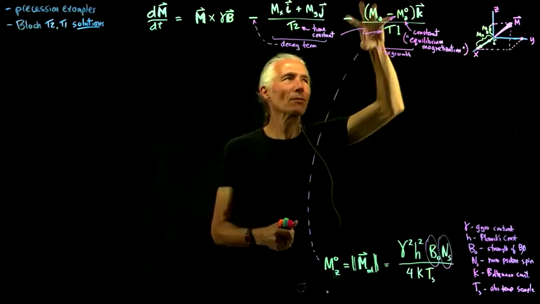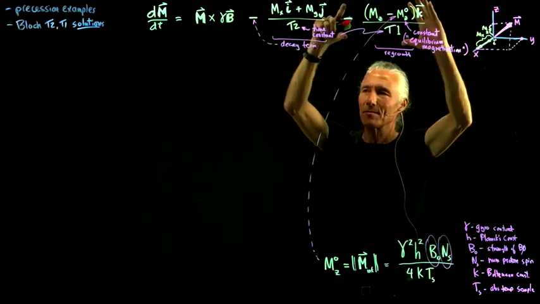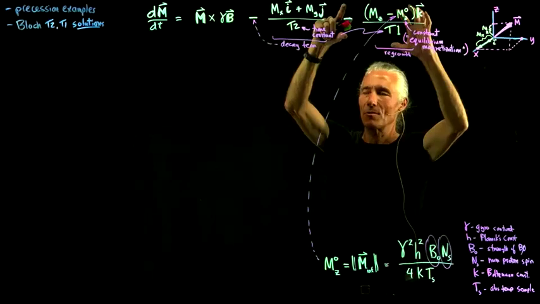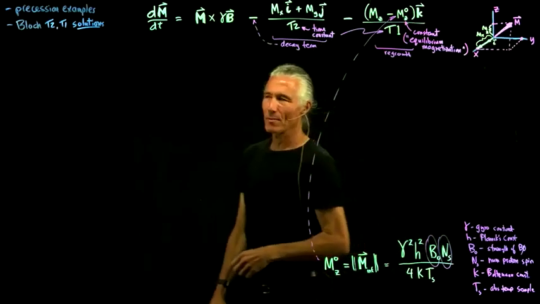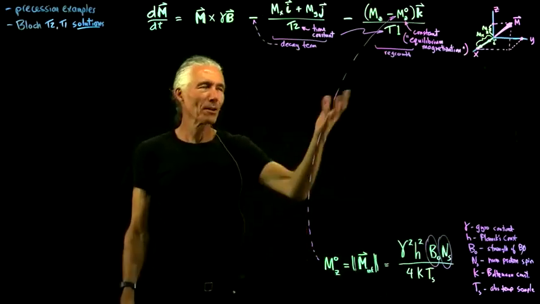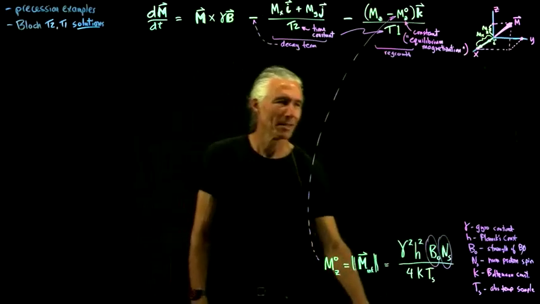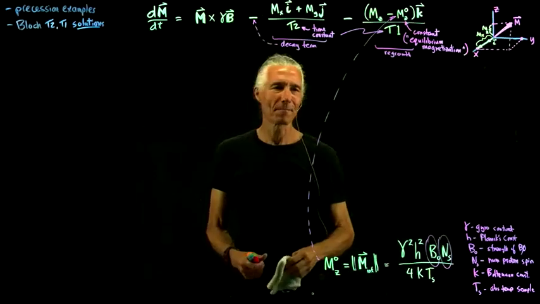So the effect of this whole thing will be positive until you reach equilibrium magnetization, and then it will be 0. That's why it's a regrowth rather than a decay. They call it T1 decay, but it's really T1 regrowth, and the reason is just because of the way the signs are set there.